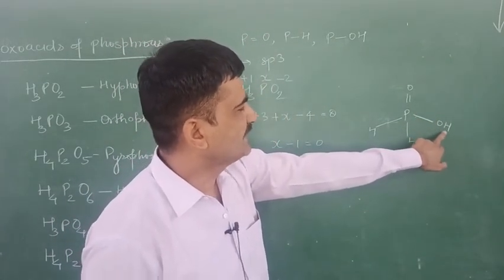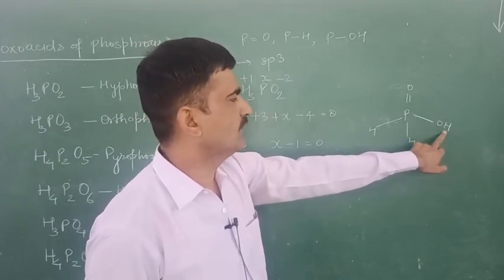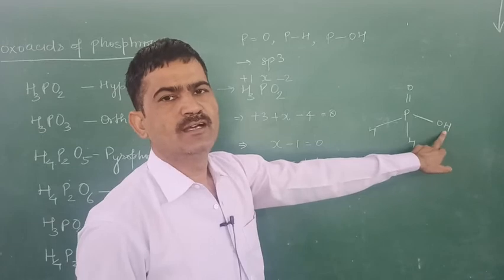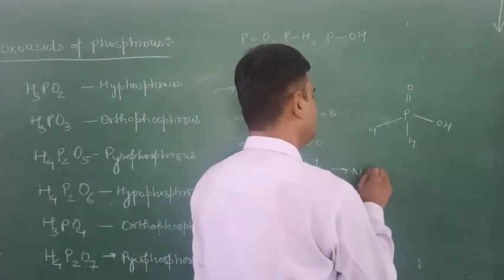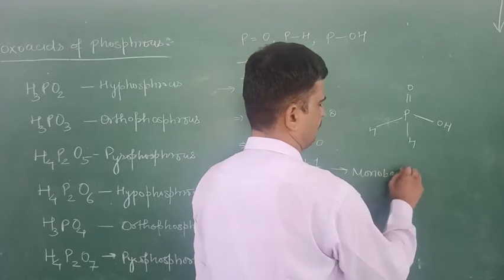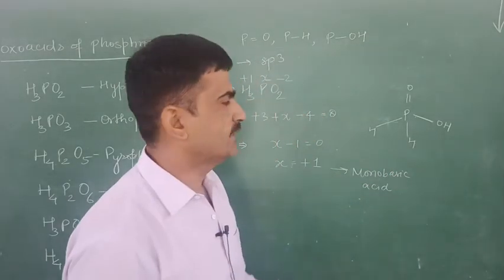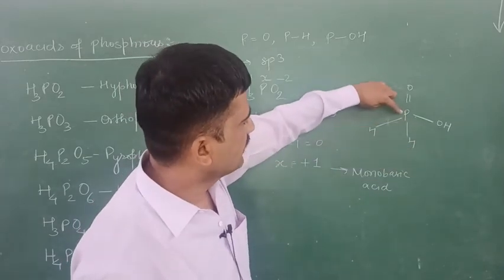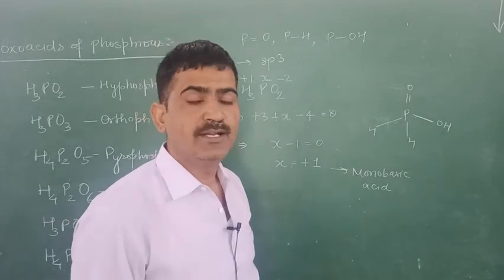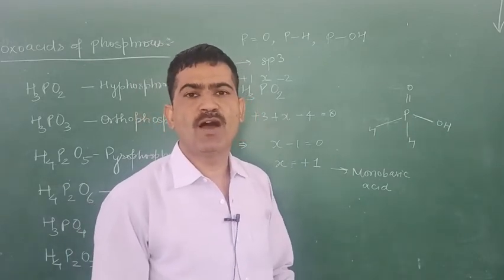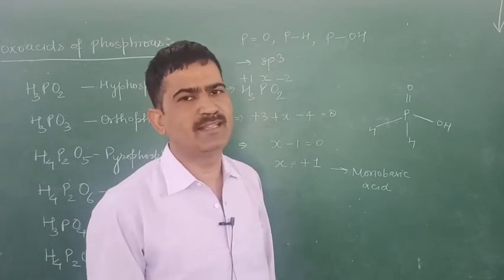This oxygen is acidic in nature, and this hydrogen is known as the acidic hydrogen. So it is a monobasic acid, and it acts as a reducing agent because it has 2 P-H bonds. The reducing character is decided on the basis of how many phosphorus-hydrogen bonds are present.